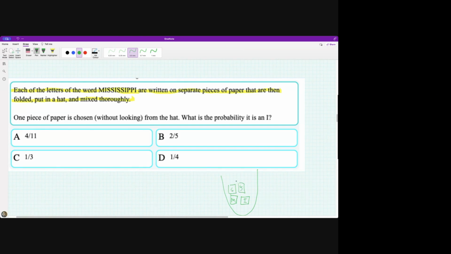If you pull one of those pieces of paper out without looking, what is the probability that you pull out one with the letter I? Which of those 4 options would be correct?